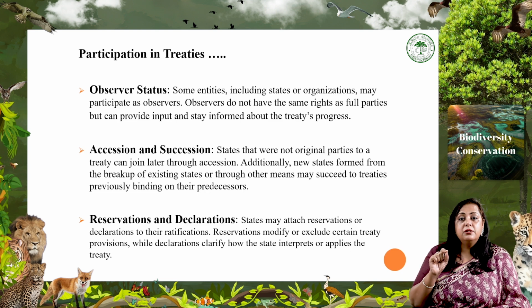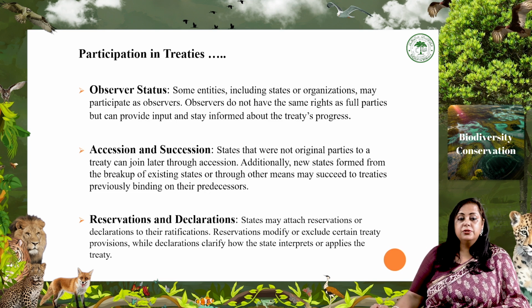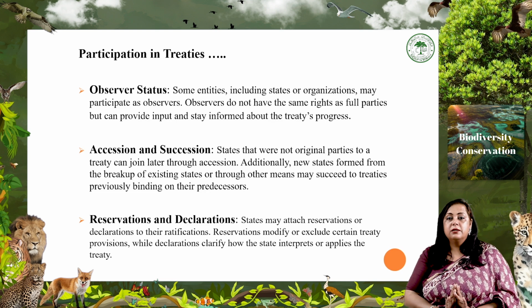You have to reserve your rights and declare your rights. A state may attach reservations or declarations to their ratification. Reservations modify or exclude certain treaty provisions, while declarations clarify how the state interprets or applies the treaty. So that is the reservation.